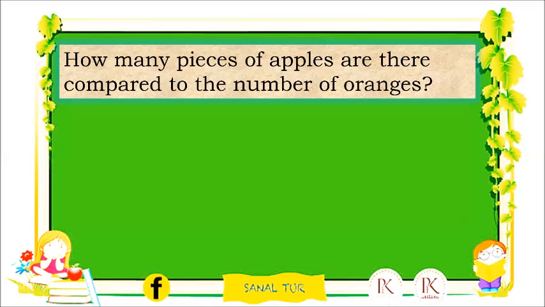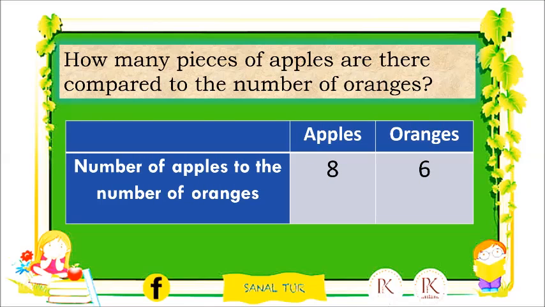So first, again, we have a table in here. How are we going to compare again the number of apples to the number of oranges? So how many apples? We have 8. How many oranges? We have 6.